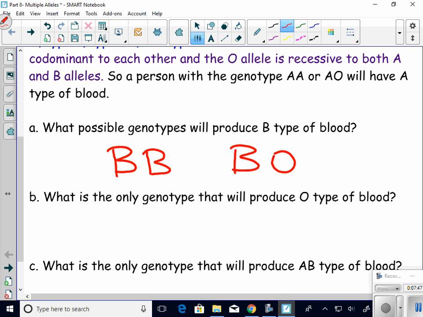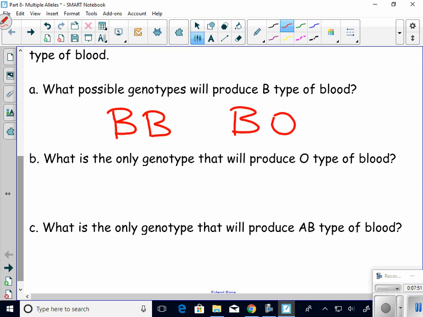Now, what is the genotype that will produce O blood? What do you think, Linda? 2 capital O's is what Linda said. Exactly. Is that the only one?